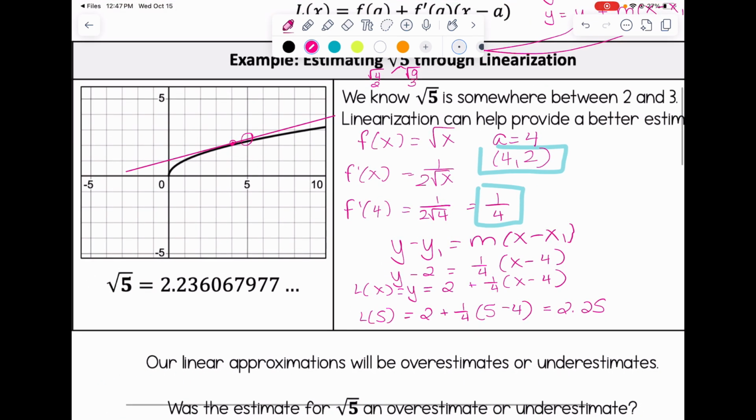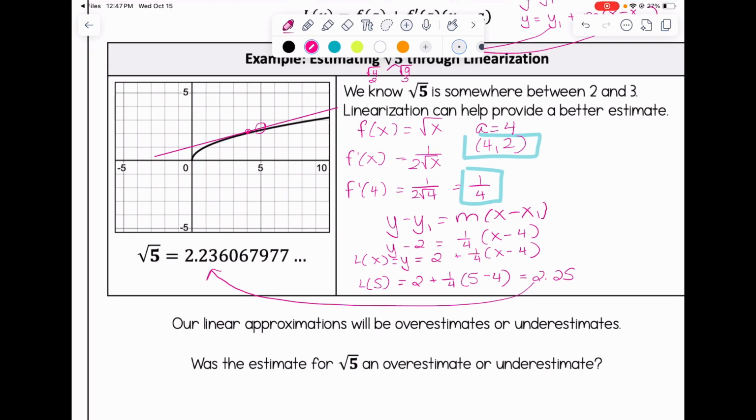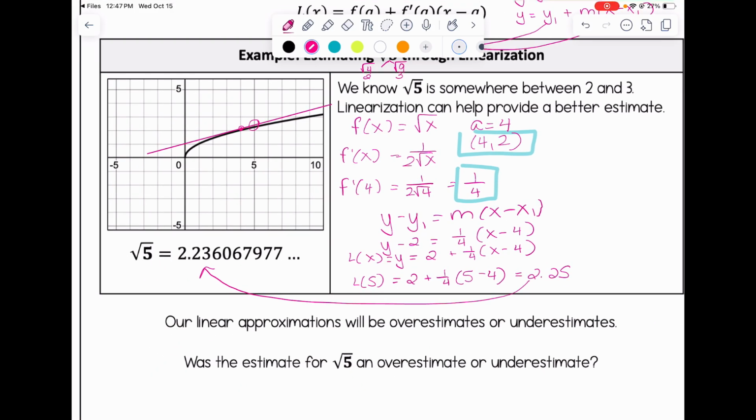Now, over on the side here, you can see that I put the actual value as 2.2360 and so on. So you can see that we have a slight overestimate here. Our linear approximations will always be overestimates or underestimates, and we said that this was an overestimate.